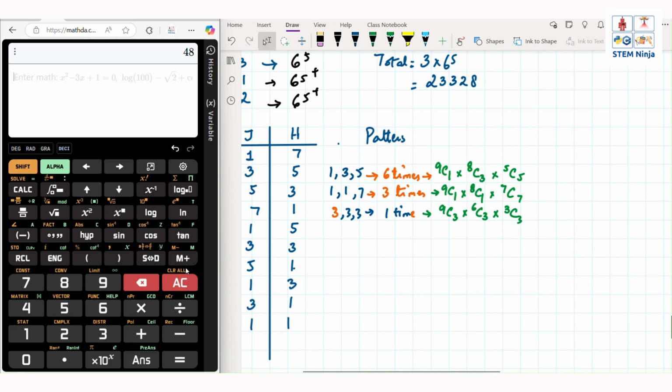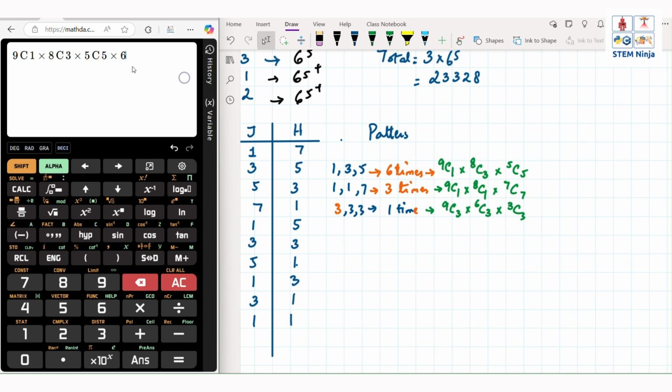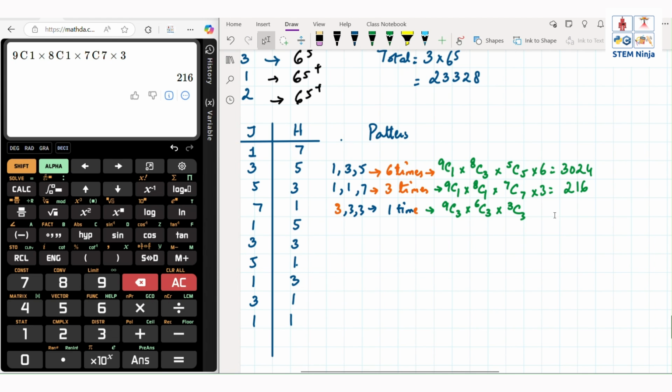Okay, so we have 9C1 times 8C3 times 5C5 times 6, because this was multiplied by 6 over here. So we have 3024. The next one is also multiplied by 3, so we do 9C1 times 8C1 times 7C7 times 3, and we get 216.